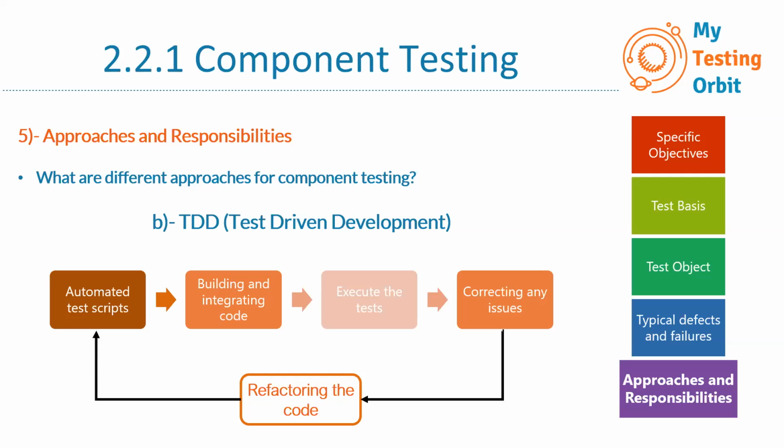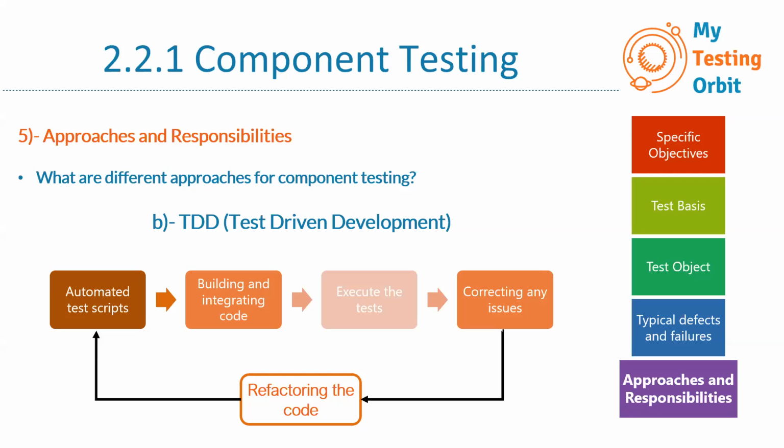The test will automatically fail first, because of course the test is written but there is no code written for it, and then we will build and integrate the code and then run the test.